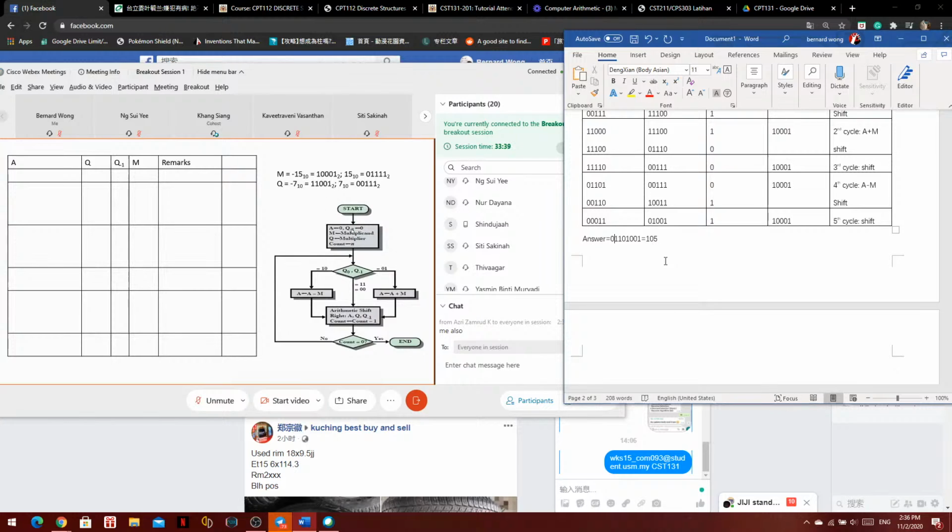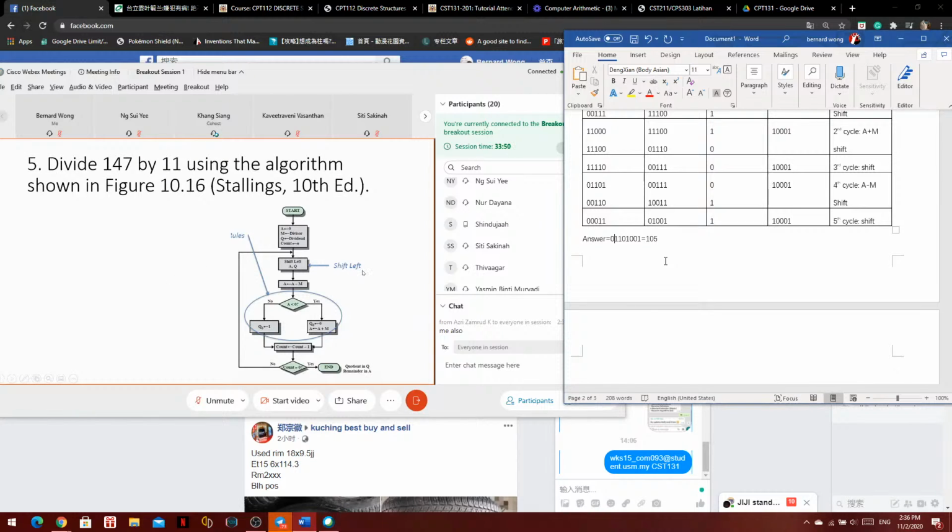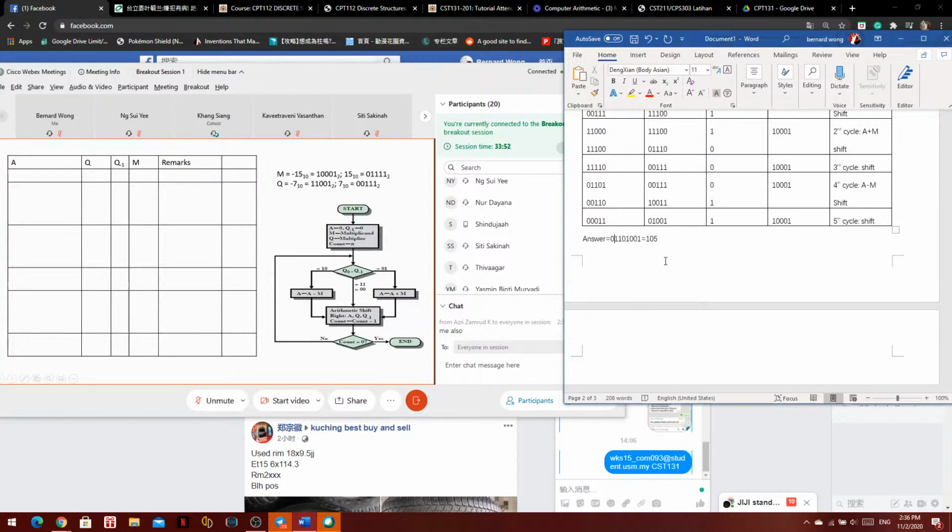check on this diagram: what is the first thing you need to do? When you start, you do a calculation on this one.